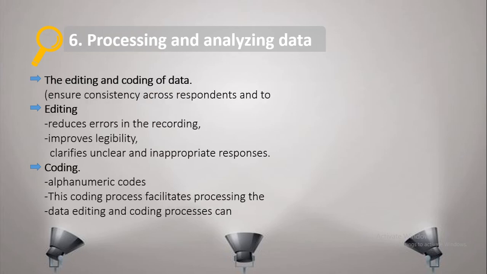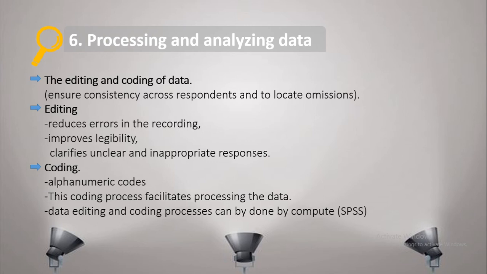The editing and coding of data. First, when you have collected the data from any source we already mentioned, the next step is the editing and coding of data. You need to first ensure the consistency across respondents and check the location or presence of missing values or omissions.